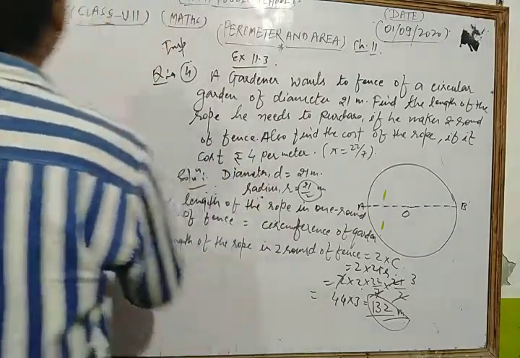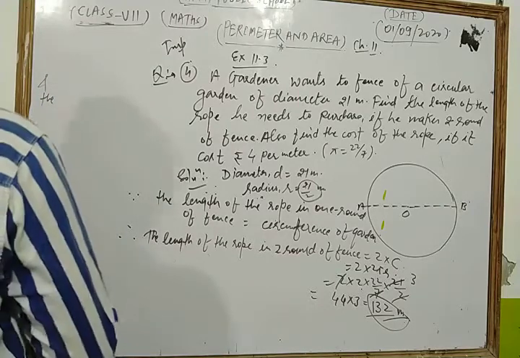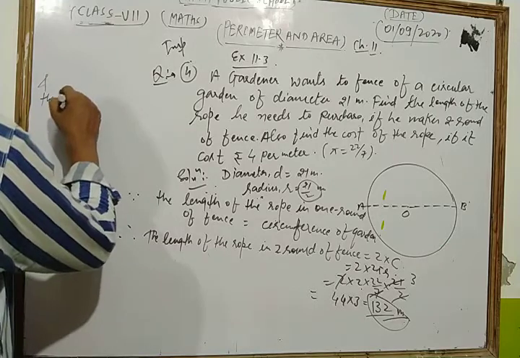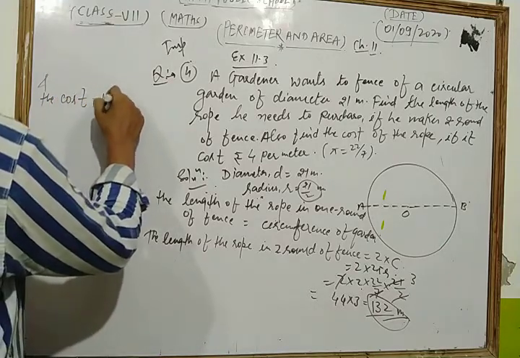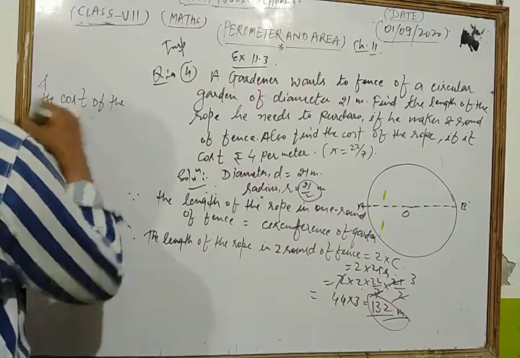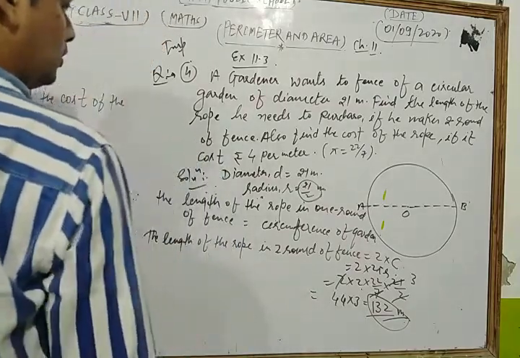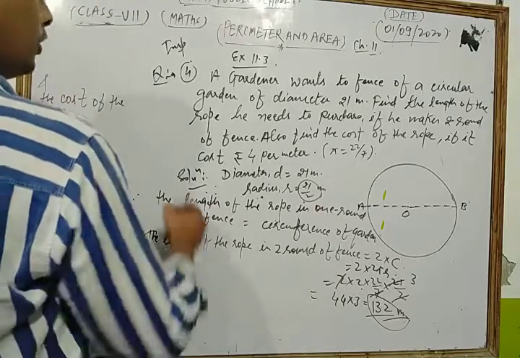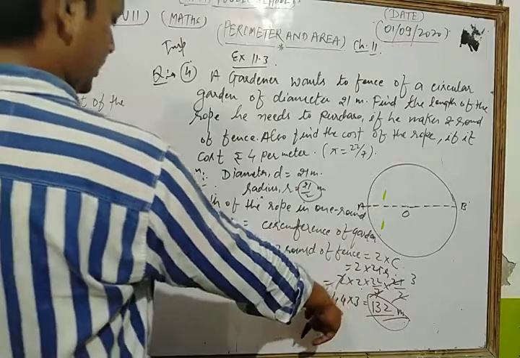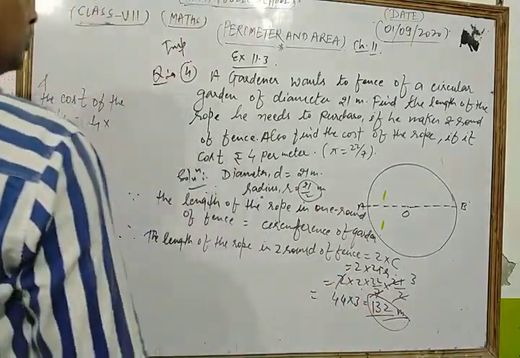Now let's see. The cost of the rope is 4 into the circumference, the total length of the rope in 2 rounds of fence, which is 132 meter.